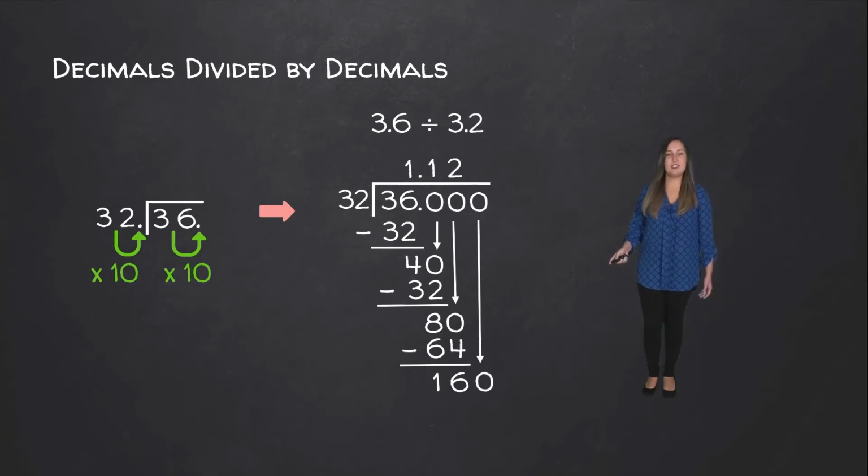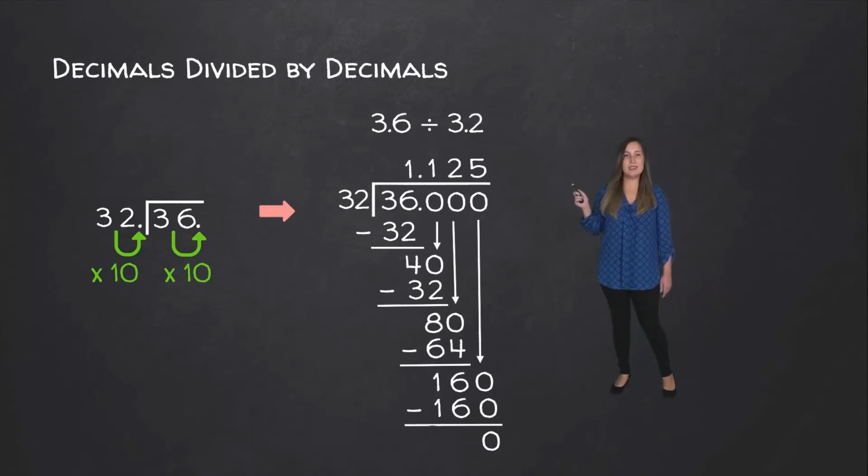How many times does 32 go into 160? That would be 5 times, because 32 times 5 is equal to 160. Then we subtract, and we have no remainder. So that means that 3 6/10 divided by 3 2/10 is equal to 1 125 thousandths.